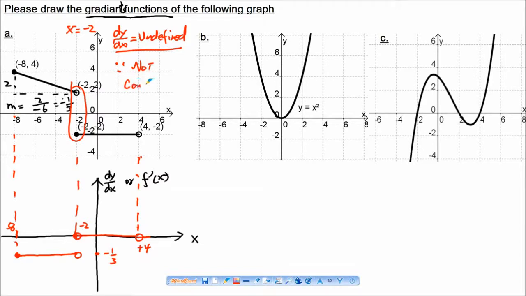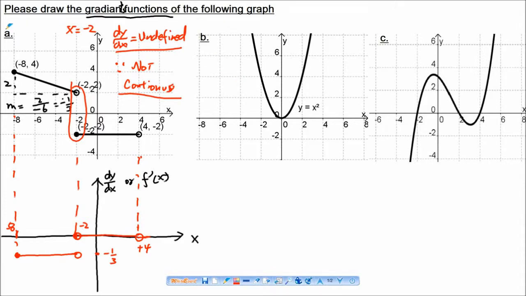So at the point of the joint, you will have to draw a big open circle. It means on your gradient graph, this point is not included, because the gradient at x equals -2 is not defined. It is not a continuous graph. The joint is not differentiable.